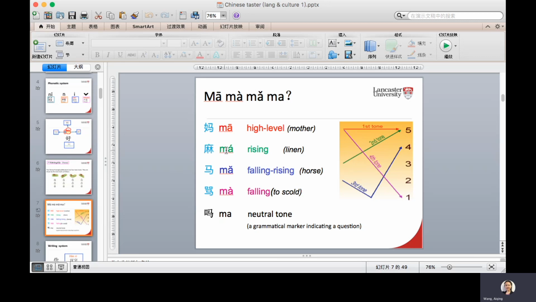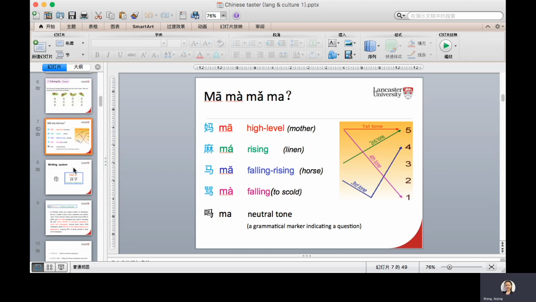So you can see here, it indicates a different character from the one with the first tone. The third tone is ma, falling and rising tone, ma. Again, it indicates something different from the first and second tone, it means horse. And the last one, ma, is a falling tone, ma. The 5th one is a neutral tone, so it's basically light and neutral, ma.